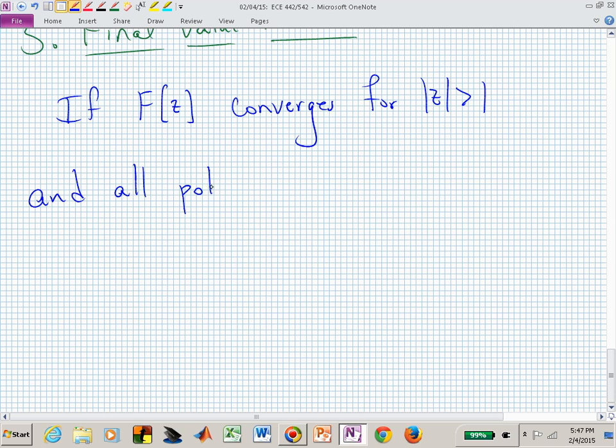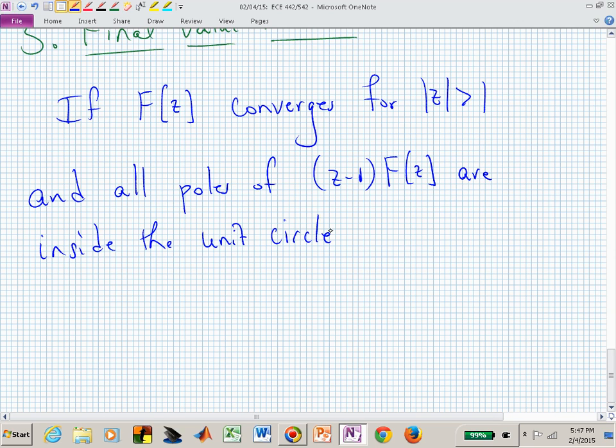And all poles of the product of z minus 1 times F of z are inside the unit circle. Remember what you were doing with the final value theorem in the S domain.